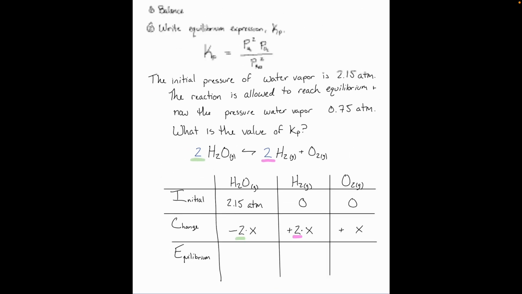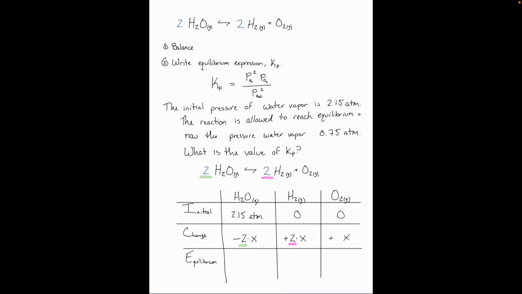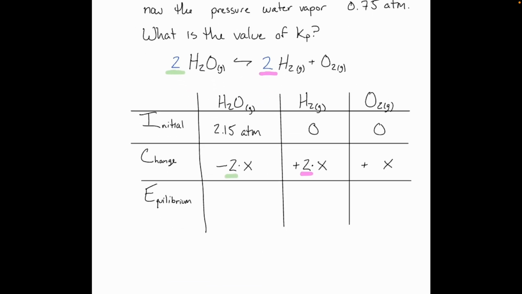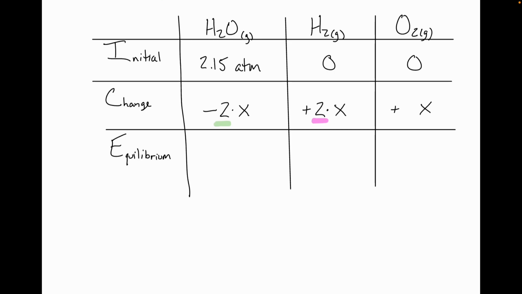Okay, so let's just make a note. Let me make some room. All right, so if we can make some notes in terms of how we're filling this out, our change box: reactants decrease, and products increase.